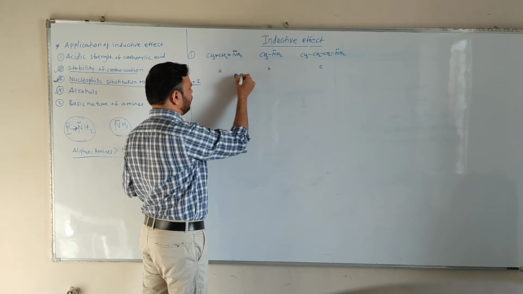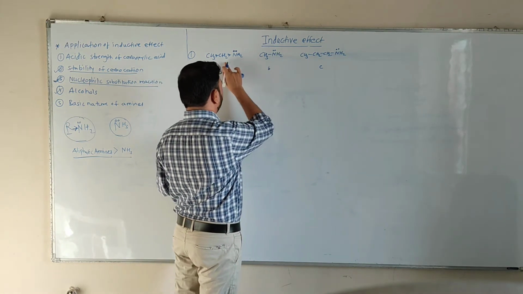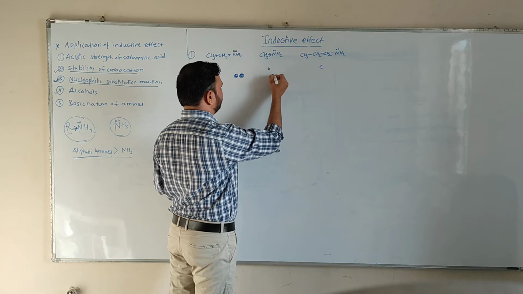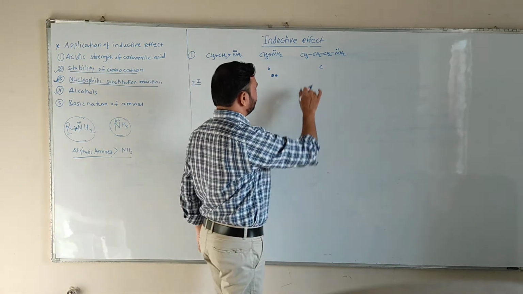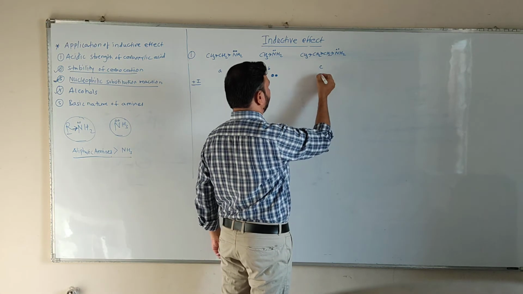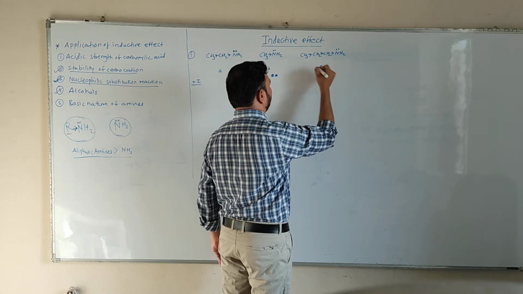So the electron density is increased. In this one, as compared to this one, there is only one group, so the electron density is like this. And example C has propyl groups, which increase the electron density more. So this is increasing electron density on nitrogen.